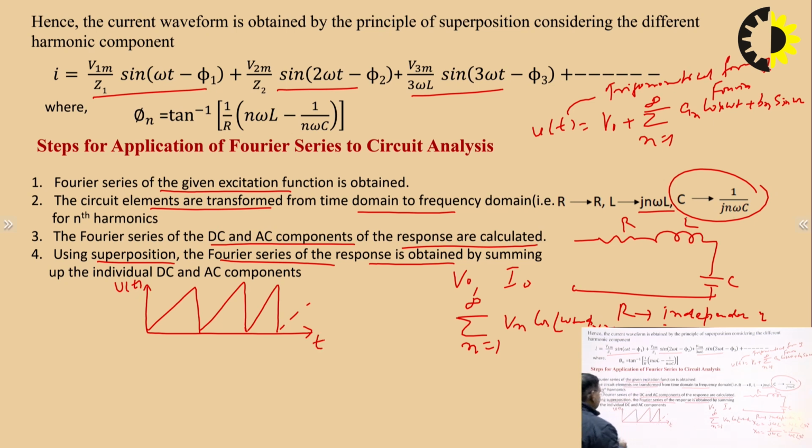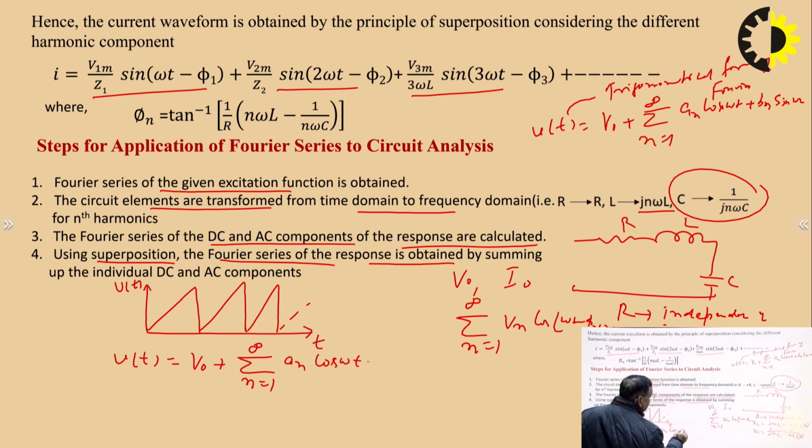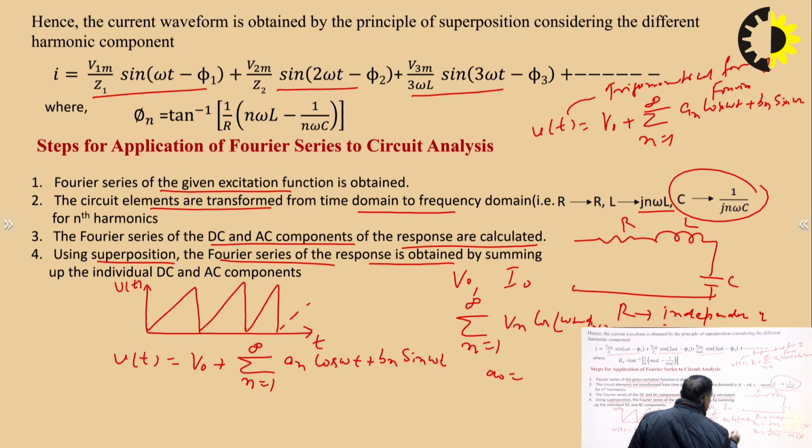So we take V(t) equal to V0 plus summation n equal to 1 to infinity of an cos n omega t plus bn sin n omega t, where a0 is 1 by T, integral from 0 to T of V(t) dt. This is the average value or DC component of the voltage.